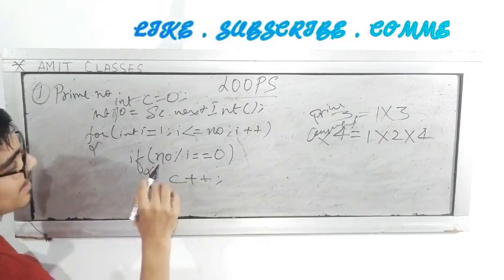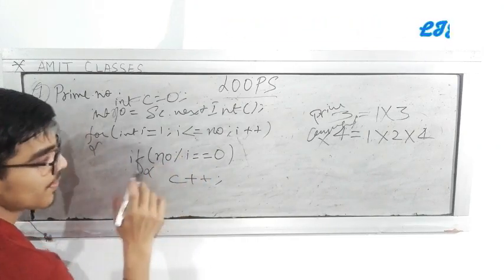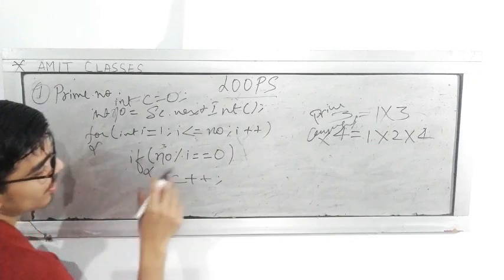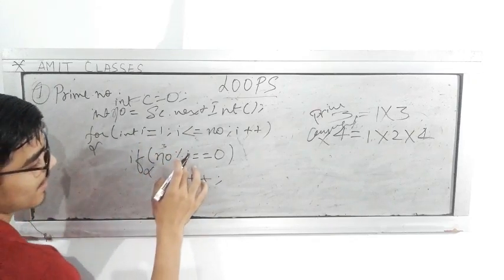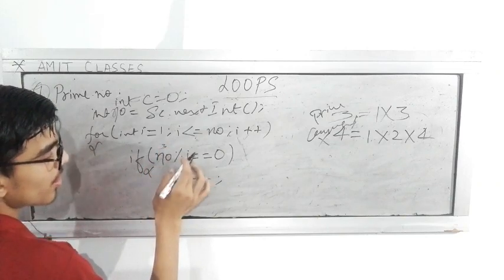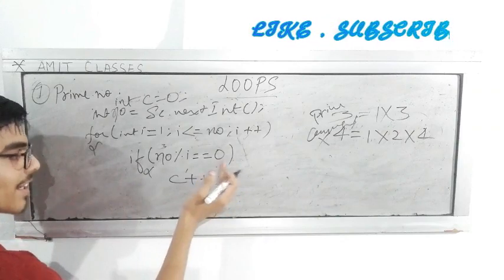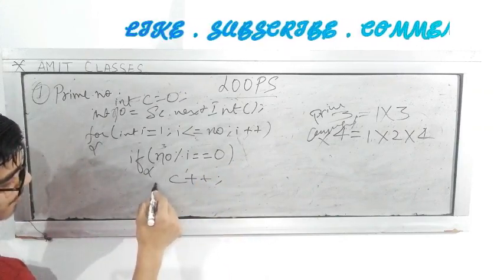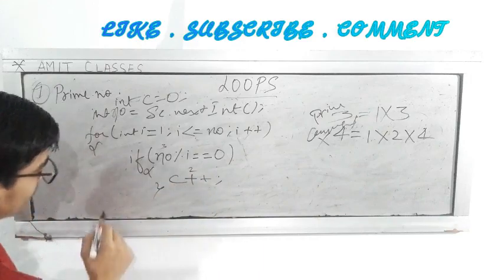Now it counts the number of factors of this number. If it is 3, then 3 mod 1, yes, c plus plus; 3 mod 2, no; and 3 mod 3, yes, and after that it will not work. So it will give result 2 for a prime number.